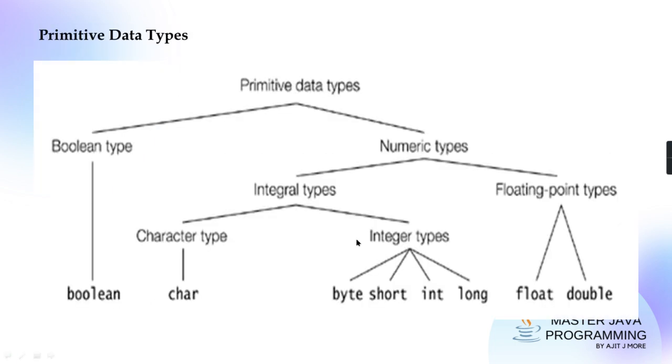Now what we'll do is first cover these data types: byte, short, int and long, and how they are internally getting stored, that I'll tell you. First of all, tell me, byte, short, int, long, they all four come under which category? They come under the integral category.